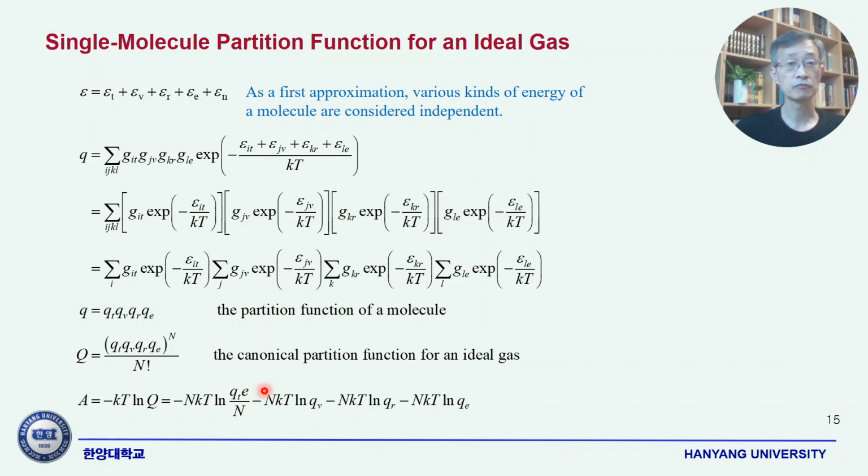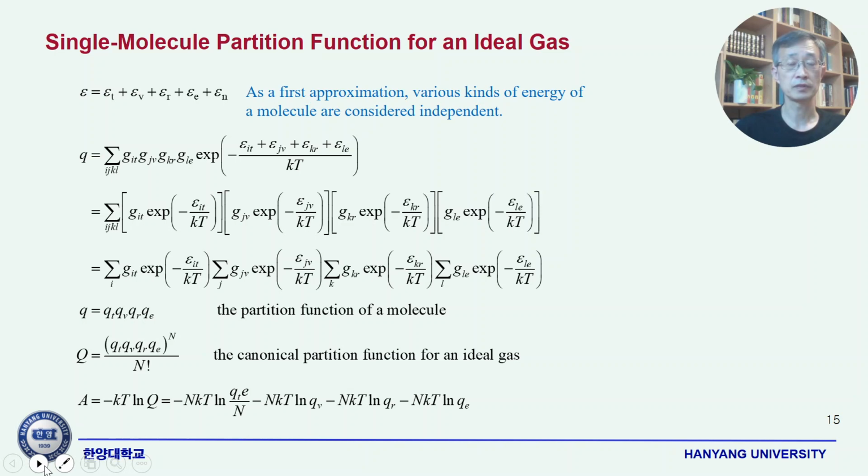Okay, and then the rest, Qv, Qr, Qe, is done in this way. So minus NkT ln Qv, minus NkT ln Qr, minus NkT ln Qe. So these are the vibrational, rotational, and electronic molecular partition functions. Okay, so this is A.